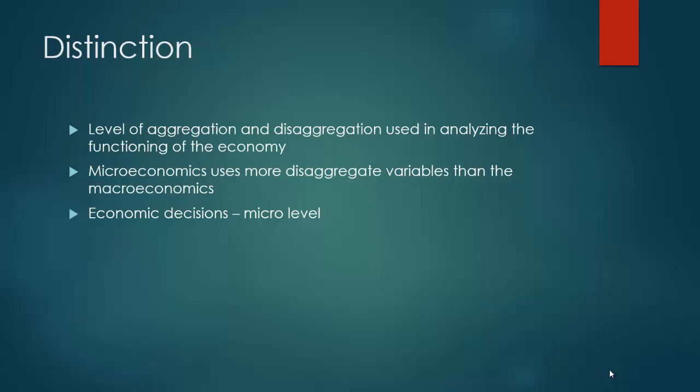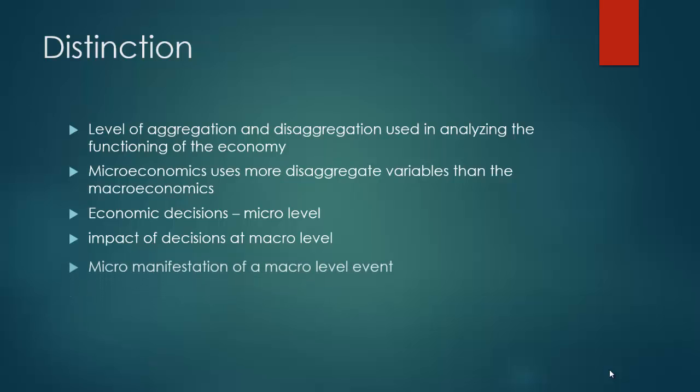However, it must be noted that economic decisions are ultimately taken at the micro level, and the conjunction of all micro decisions have important ramifications at the macro level. For instance, when we add consumers' expenditures on all goods and services, we get the aggregate consumption expenditure for the economy as a whole, which is a macro concept.